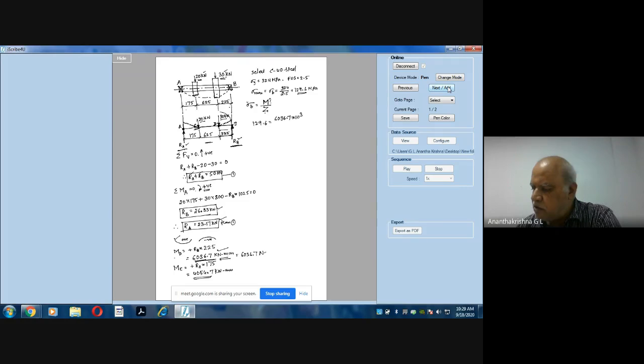So therefore, M is that value. What is Z? Pi d cube by 32 for a circular cross section. So therefore, D is equal to, give me the value of D.